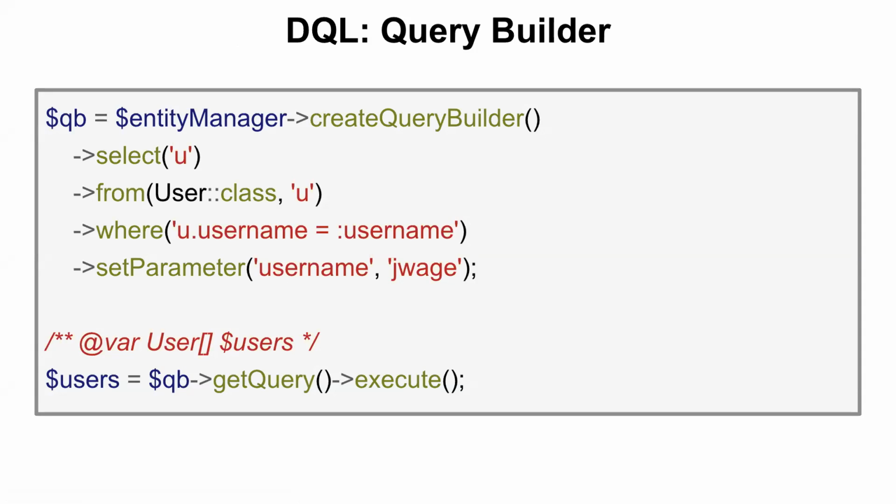Then that DQL query gets parsed and transformed into a SQL query, and when I execute it, I get an array of user instances back. This is really the same as that magic method that we were executing before to find one by username or to find by username, but we're doing it much more explicitly instead of relying on any magic.